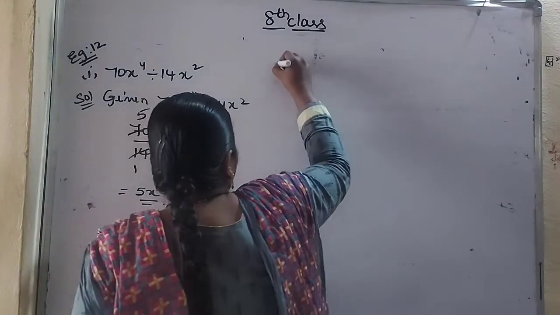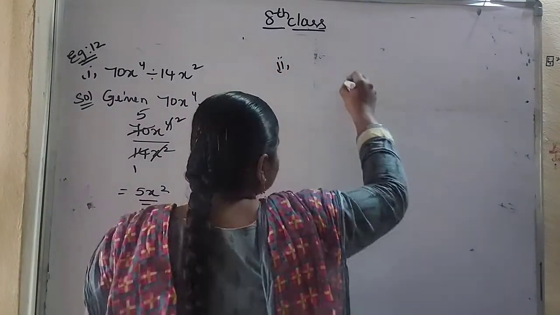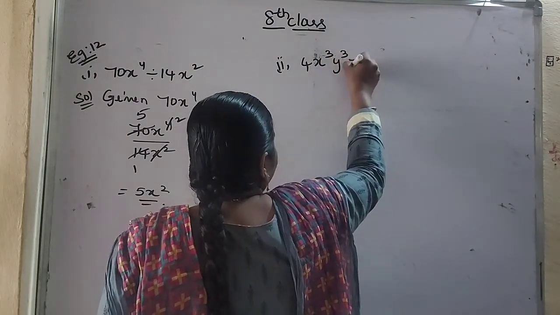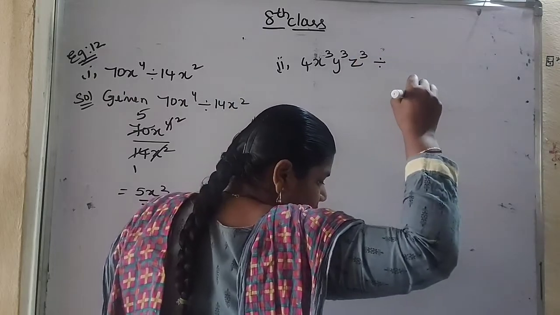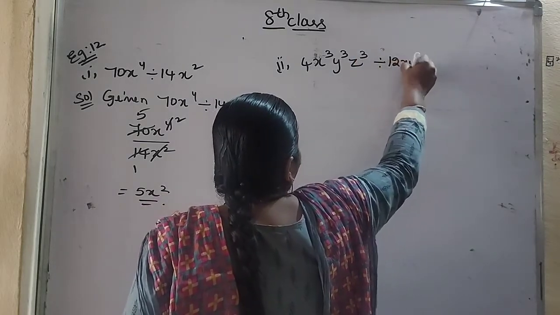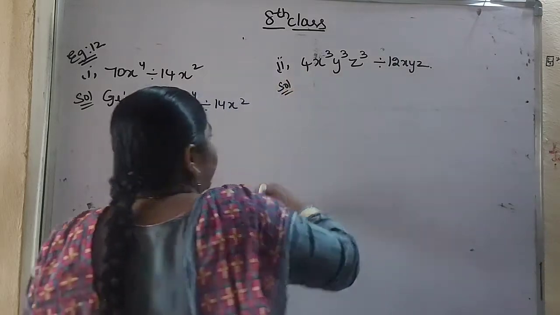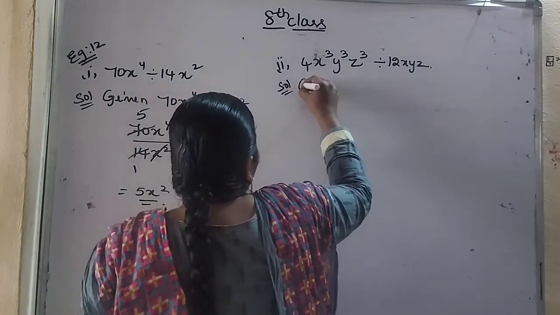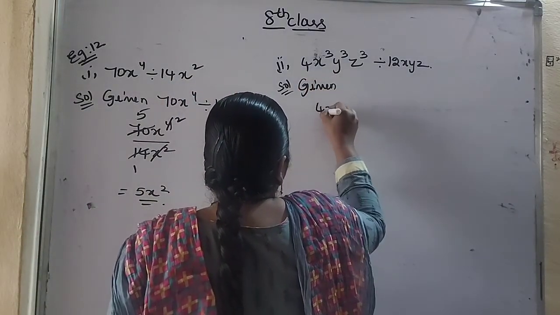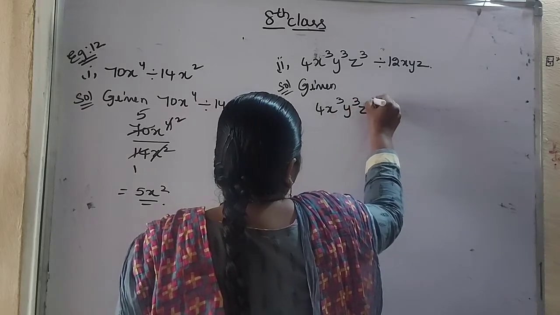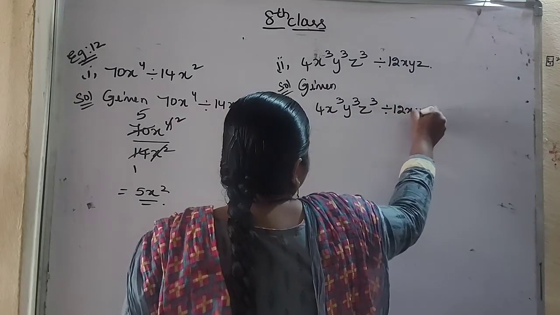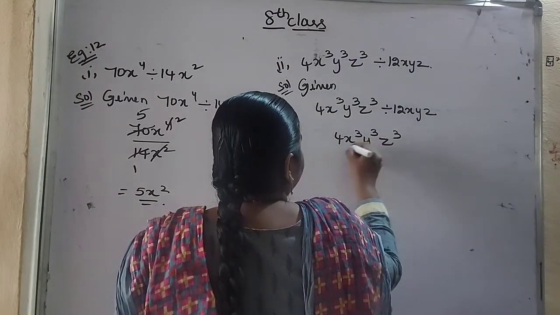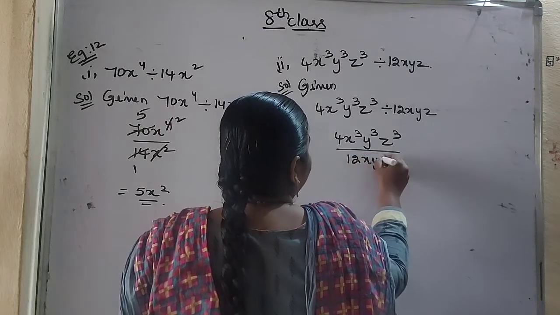So now the second one, 14x cube y cube z cube divided by 12xyz. We have to write this in fraction form, that is 14x cube y cube z cube by 12xyz.